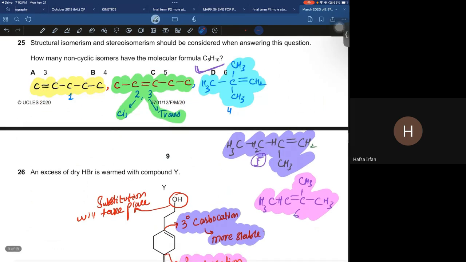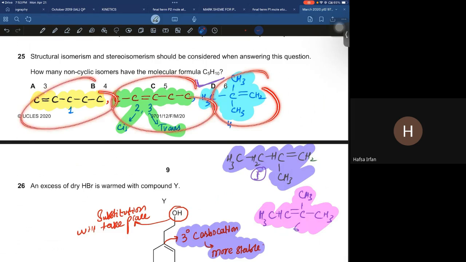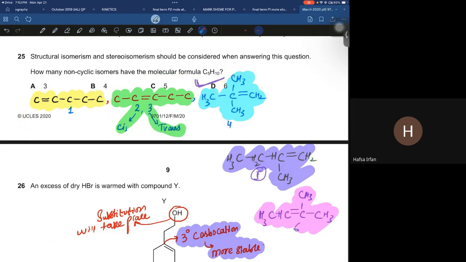Then this one, and then you can draw this one. The best way to do this question is to give the name to all the compounds. The name should be different. If the name is different, the isomer is different. If the name is the same, the isomer is not possible.